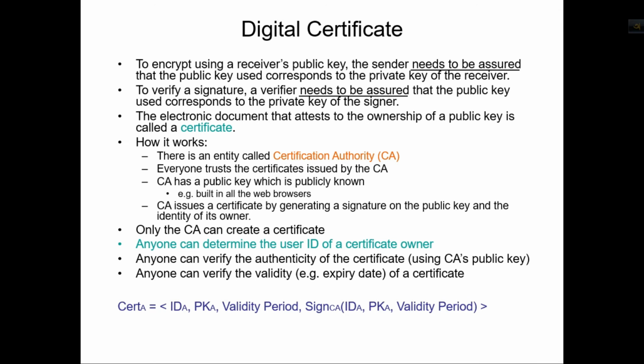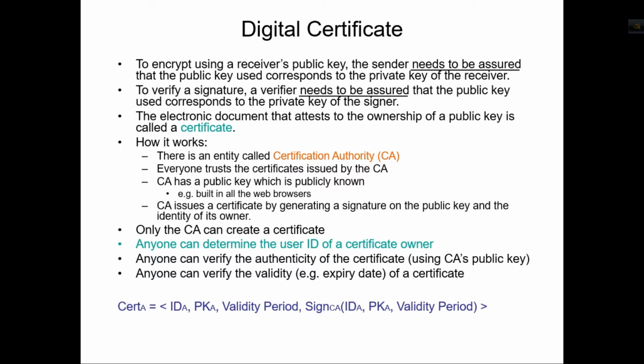So now we will know digital certificate. To encrypt using a receiver's public key, the sender needs to be assured that the public key used corresponds to the private key of the receiver. To verify a signature, a verifier needs to be assured that the public key used corresponds to the private key of the signer.